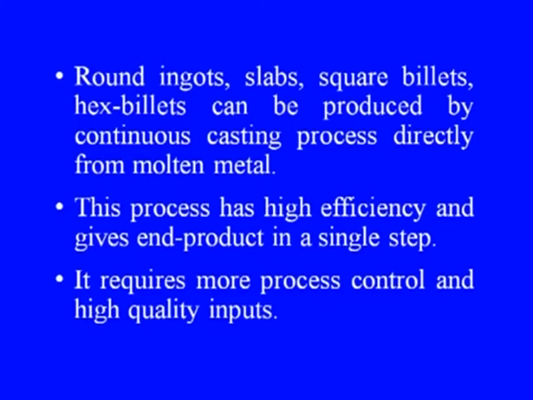Round ingots, slabs, square billets, hex billets can be produced by continuous casting process directly from molten metal. This process has high efficiency and gives the end product in a single stage. It requires more process control and high quality inputs.